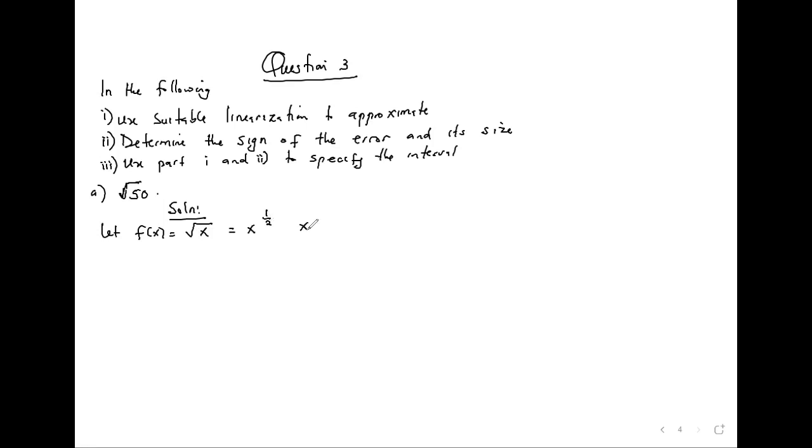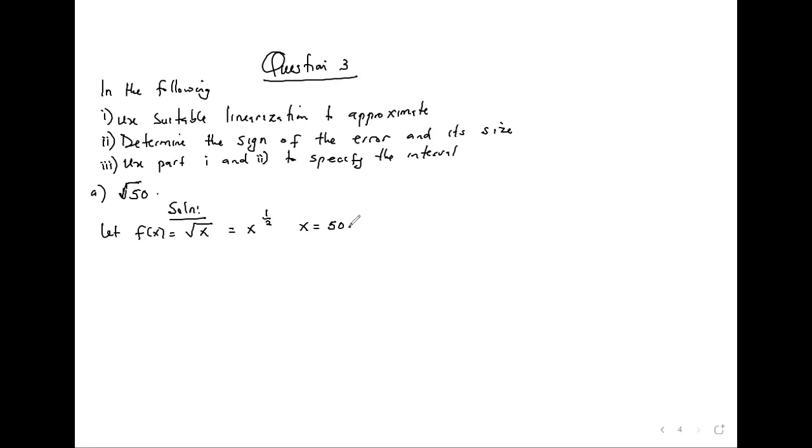So this means that x is equal to 50. Then this x equal to 50 is the direct one in the function, not the a.